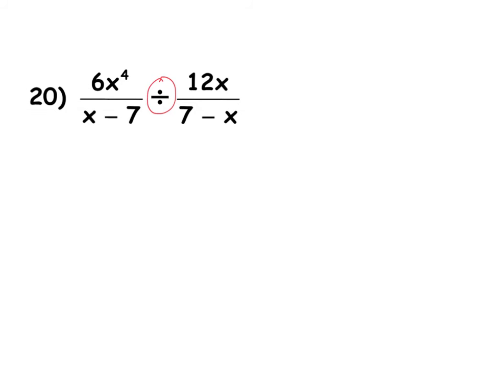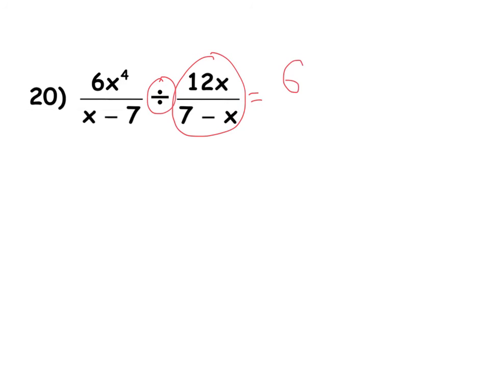Dividing two fractions is the same thing as what? Oh, that's right. Multiplying by the reciprocal of the second fraction. So, the very first thing I'm going to do, before any type of canceling, any type of factoring, any type of moving negative exponents, is take the reciprocal of the second fraction.